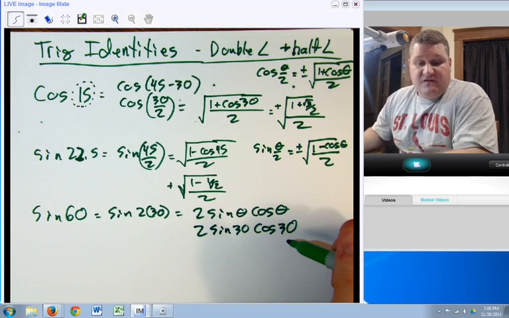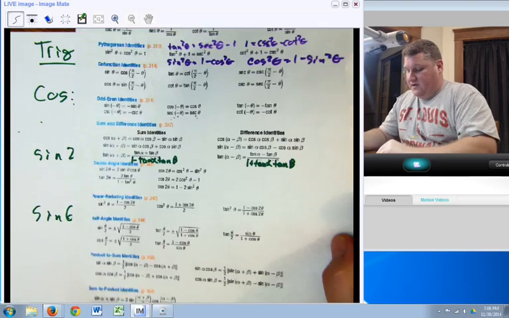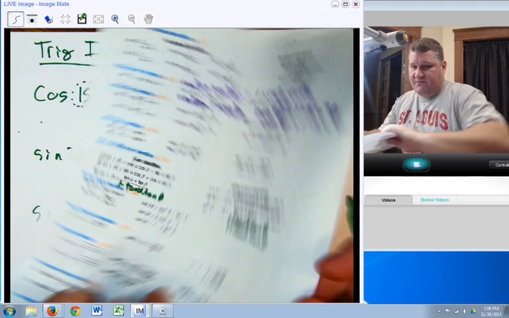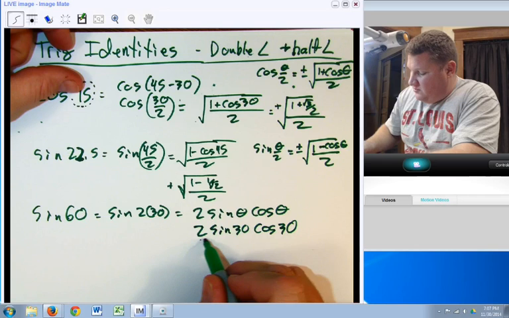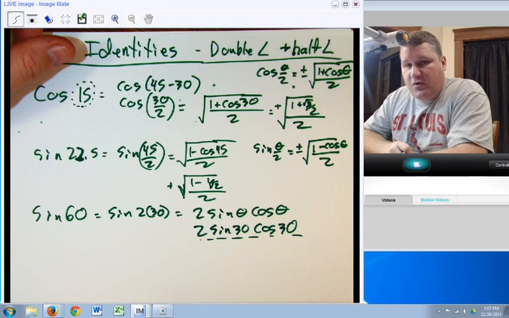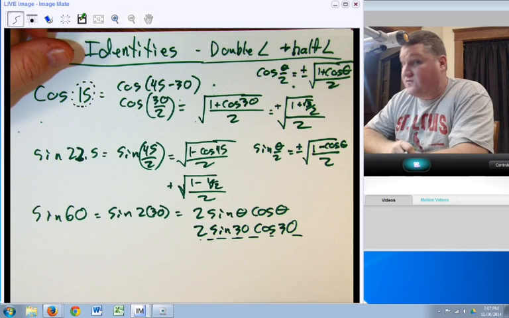Okay, so with that, let me just double check it here. If we go to our double angles, there she is, right there, theta, theta. But I memorized that one because this, right here, this little property is the one you're going to run into probably second or third most out of all the properties you use, and you'll use it in calculus quite often.